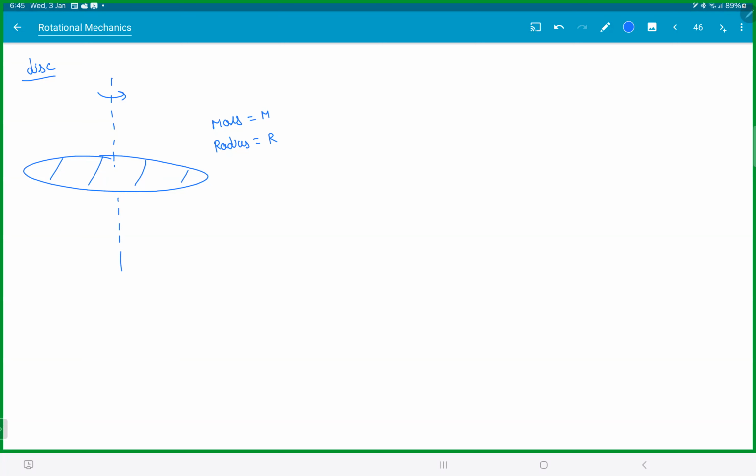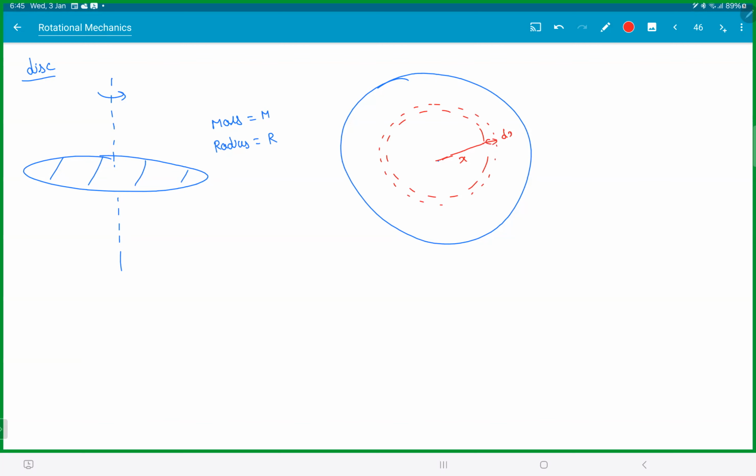I'll help you with one. Try this thing. So this is how you choose elements for a disk. At a distance x, take a thin ring of width dx.